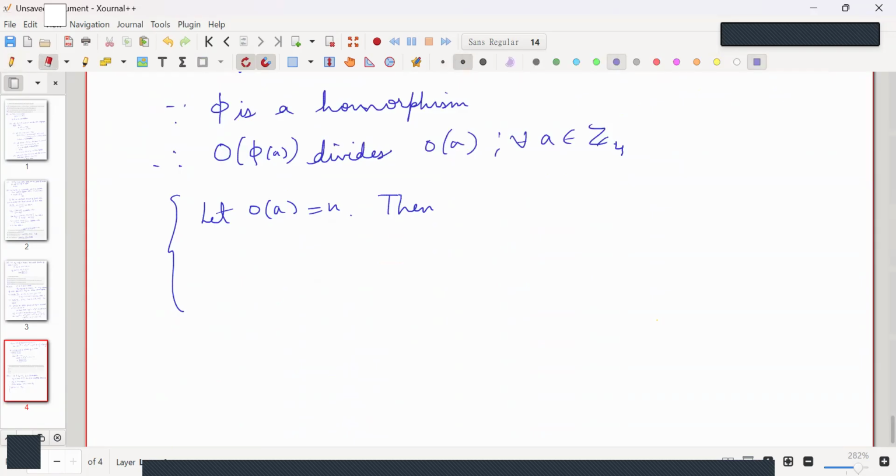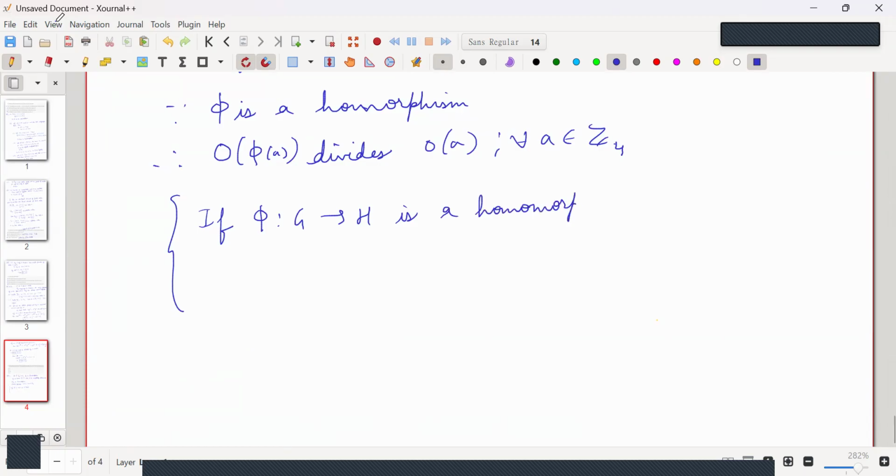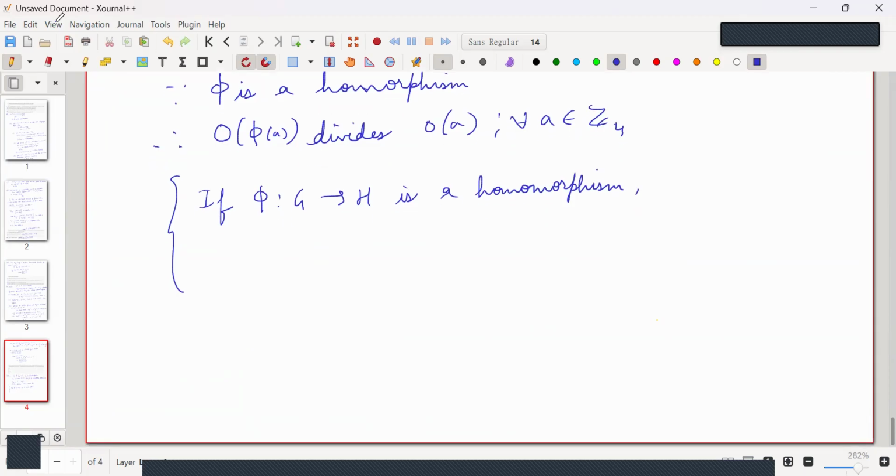Then I think I can prove this. Maybe I can write it as a statement for any group. So if phi from G to H is a homomorphism, and a belonging to G be an element of finite order.